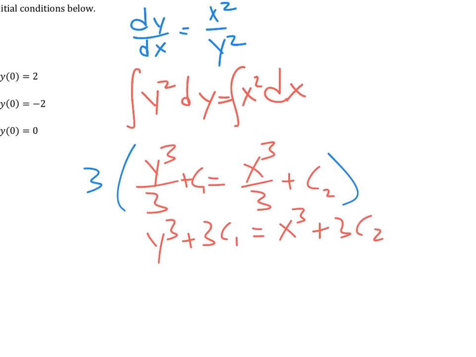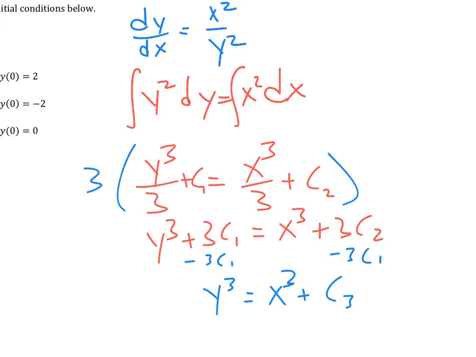We're trying to solve for y, that is our goal. So if we subtract 3c1 from both sides, we get something like this: y cubed equals x cubed plus, and this is just another constant. Maybe we'll call it c3. A different number. Again, all we really care is that it is a constant.